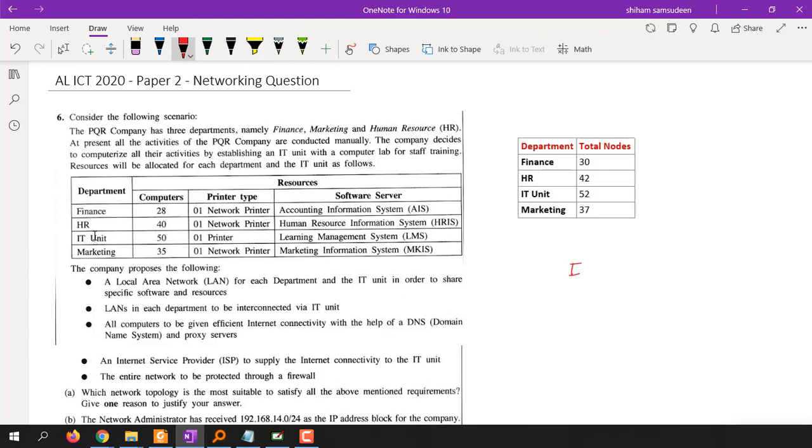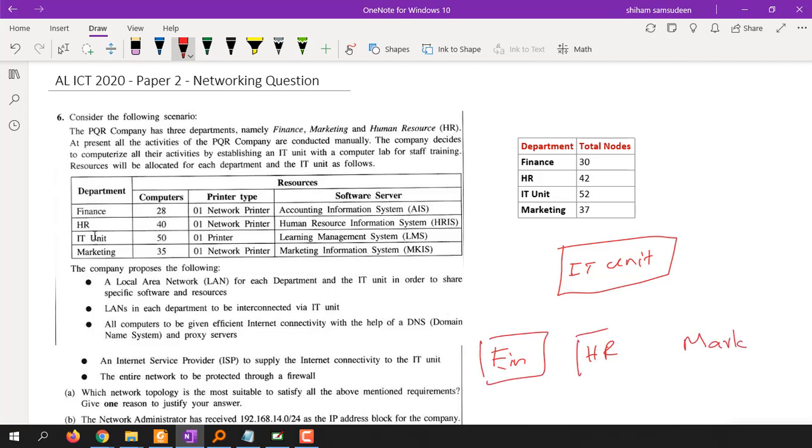You have the IT unit here, and you have the finance, we have HR, and we have the marketing unit, right? So each of these is a separate local area network by itself, and this needs to be connected to the IT unit. All right, so that's the logical arrangement that we can see.